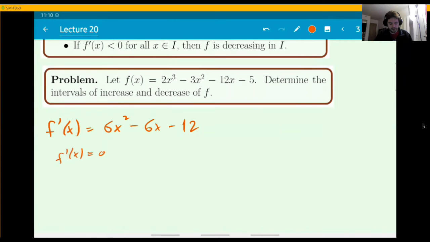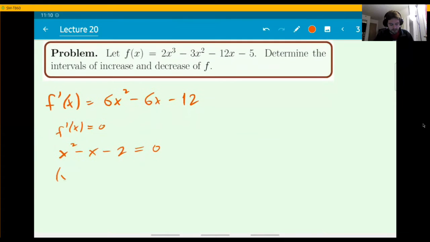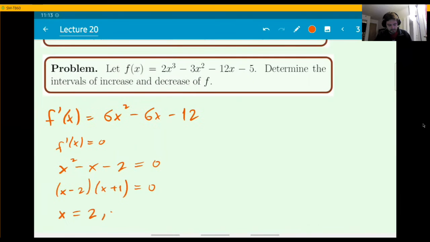So dividing by 6 in order to solve the equation f prime of x equals 0, the 12 becomes 2. You can factor this one as (x minus 2)(x plus 1). So the two roots of the derivative are the numbers 2 and -1.